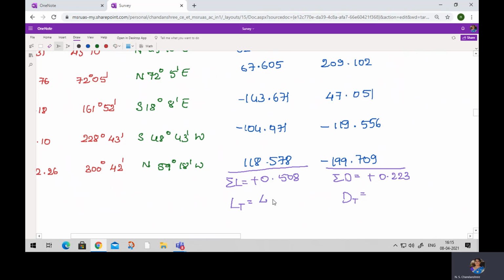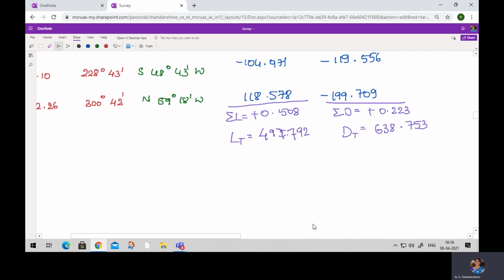So here we will get the answer as 497.792. Same thing we have to do with the departure. Here it is 638.753. So now we have calculated the arithmetic sum of latitudes and departure.